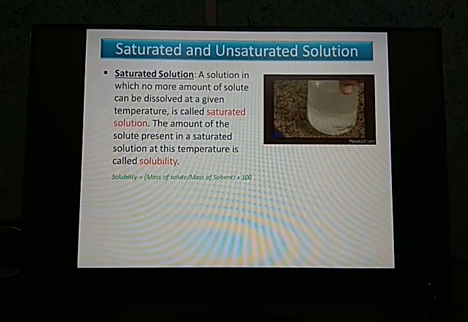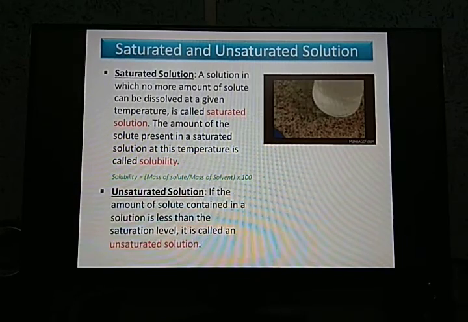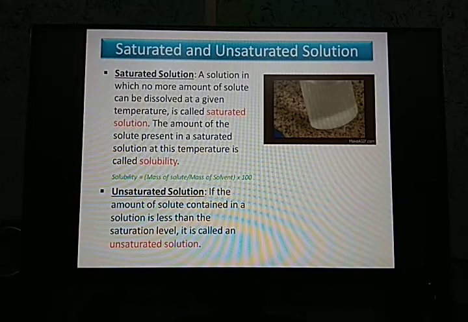Now let us move on to what is called unsaturated solution. If the amount of solute contained in the solution is less than the saturation level, it is called an unsaturated solution.